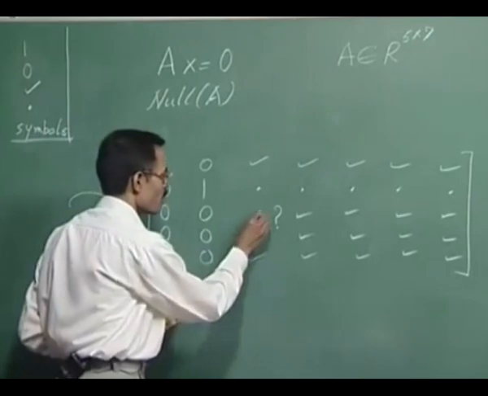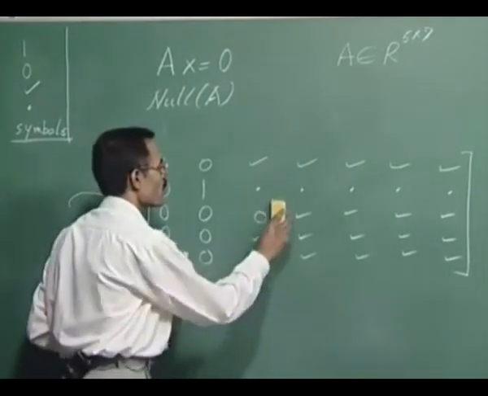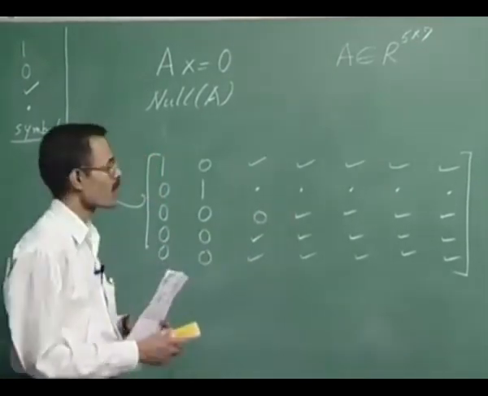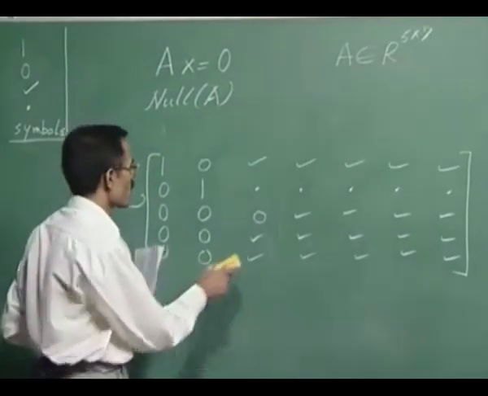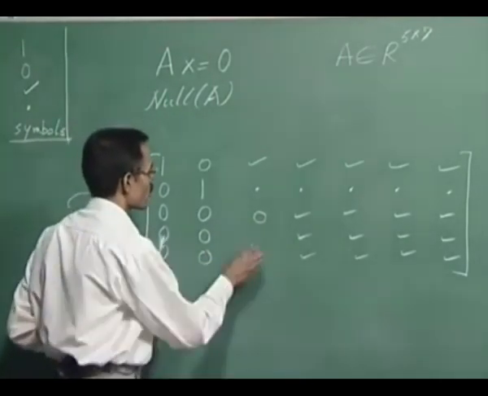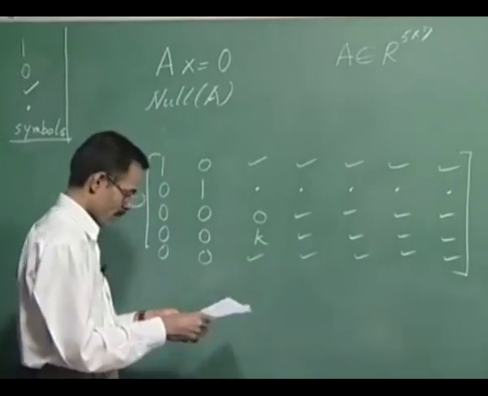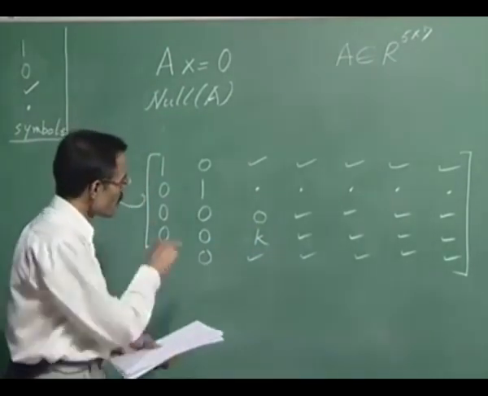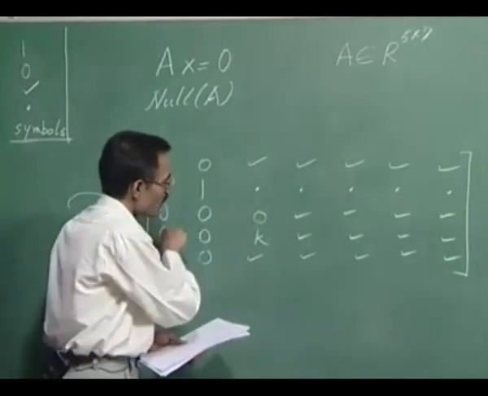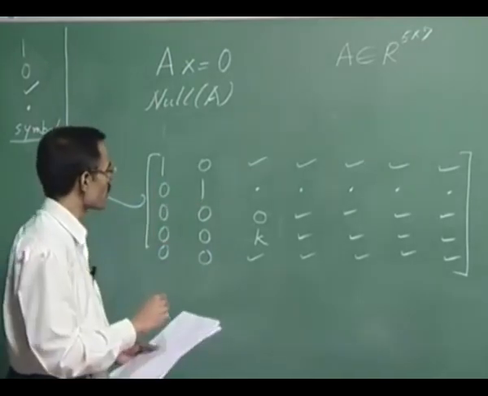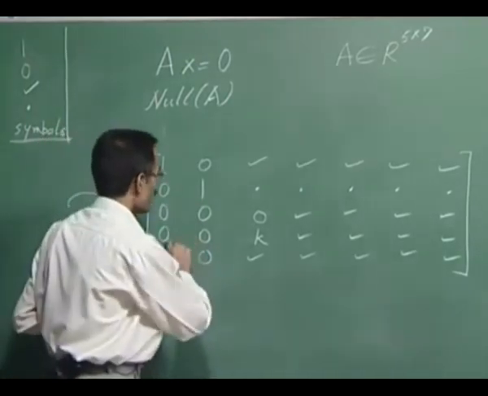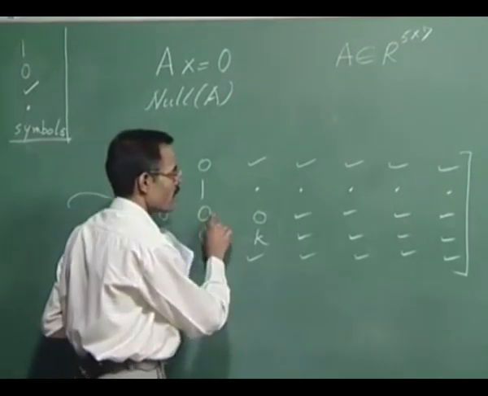If this turns out to be 0, then we examine what is below that, what is here. Suppose this is non-zero, say k. Then what we do is that this third row and the fourth row we interchange. As we interchange the third row and fourth row, then these are zeros, nothing very special.